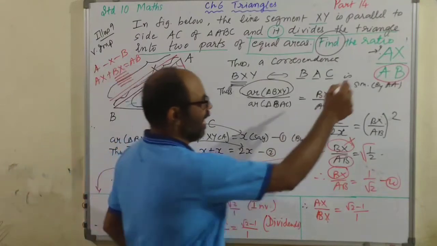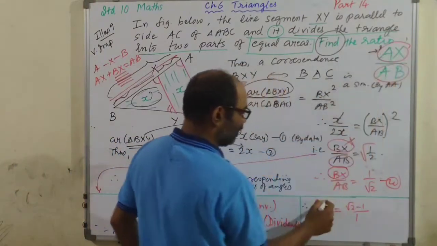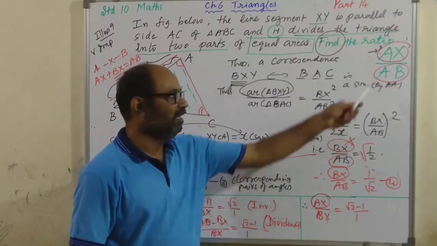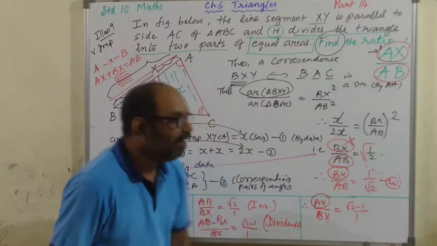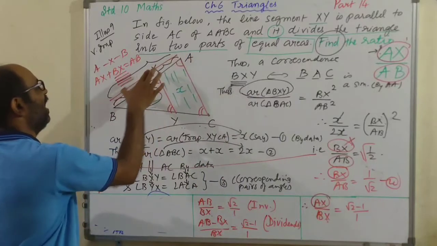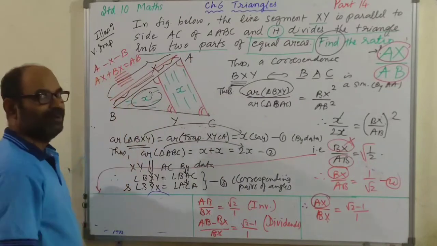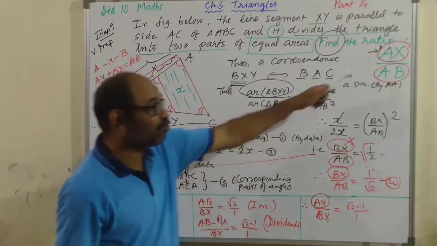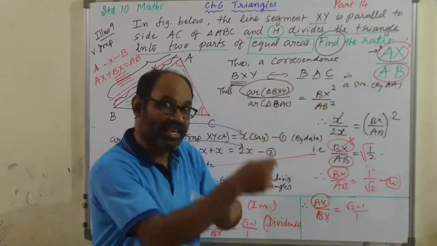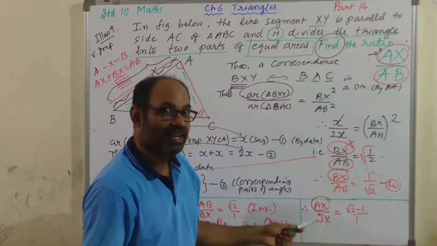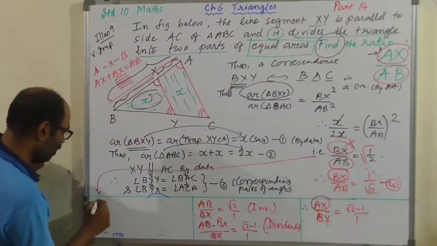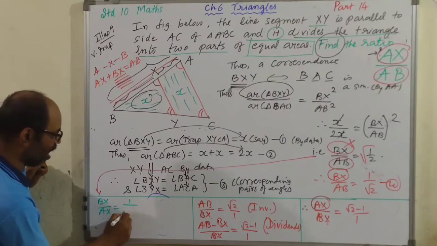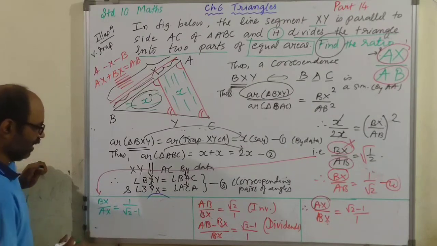Children, मुझे AX चाहिए तो AX तो मिल गया लेकिन AB चला गया. अभी वही AX में BX ऐड कर दो तो आपको AB मिलेगा. लेकिन AX तो चाहिए और जो चाहिए वो डिनोमिनेटर में होना चाहिए. सो अगेन इन्वर्टेंडो BX upon AX is equal to 1 upon root 2 minus 1 inverse.